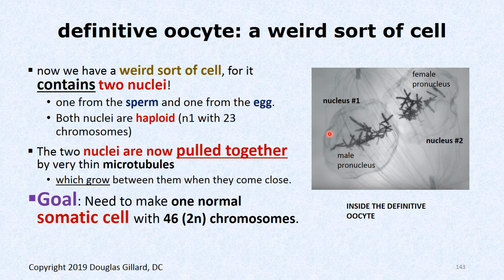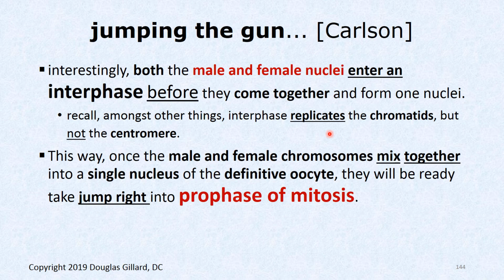So our goal is to make one normal body cell or somatic cell that has 46 chromosomes, that's 2N, diploid. And that's the next task. So, jumping the gun, this is very strange. Interestingly, as already said, the male and the female nuclei have gone through meiosis 2, there's no meiosis 3, right?